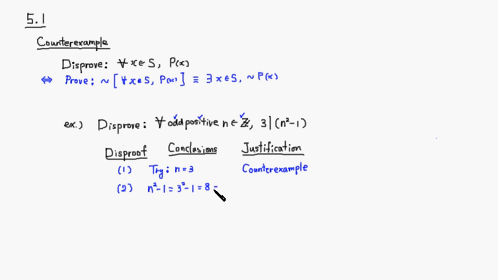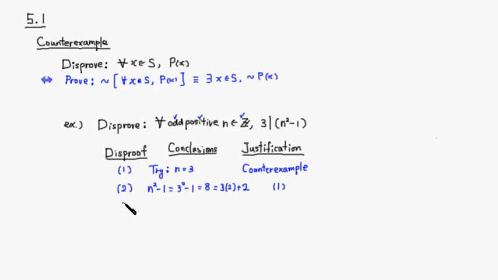So 8 is the same thing as 3 times 2, then you have a remainder 2. This is just coming from the fact that n equals 3, using a little bit of algebra. But you can see that n squared minus 1 is 3 times 2 with a remainder 2, so it's not divisible by 3.